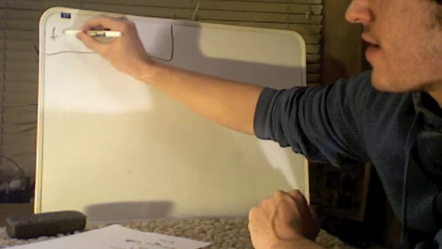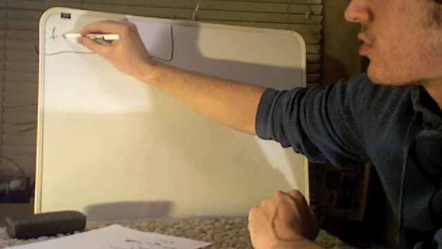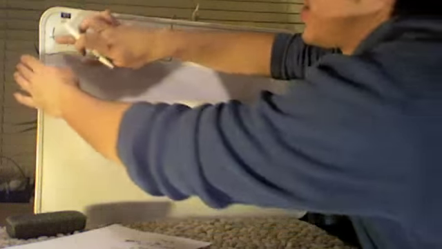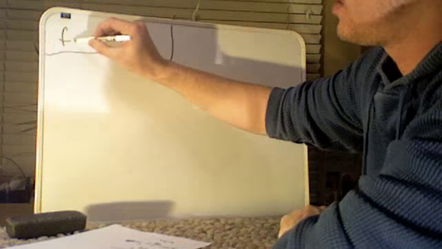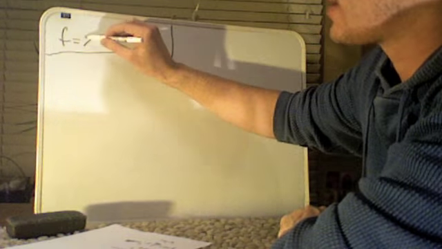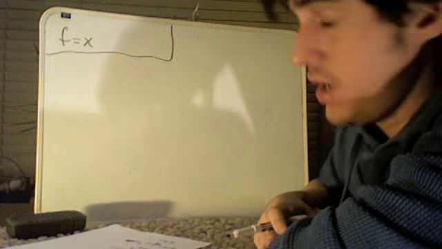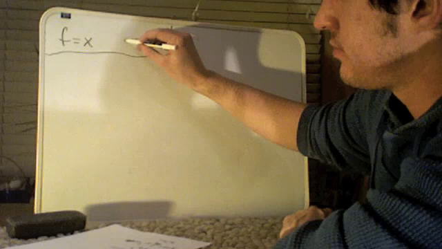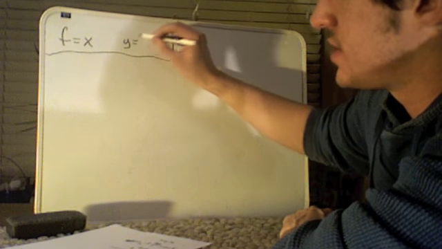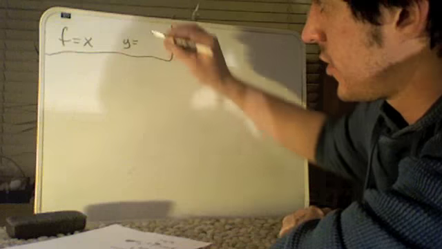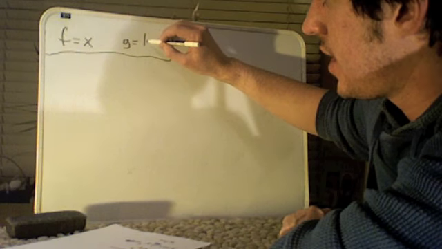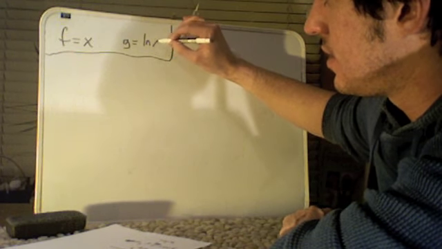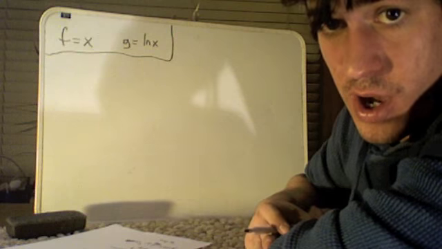So we're going to say f is equal to x. I'll write it bigger. F is equal to x. G is equal to ln x.